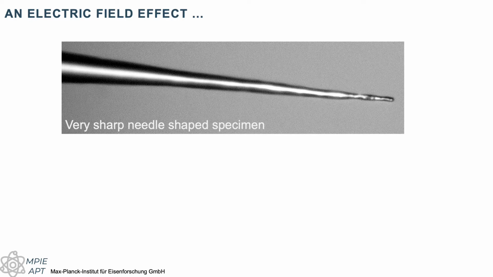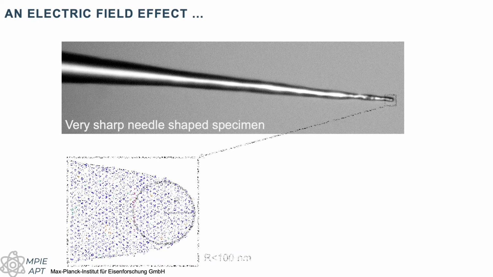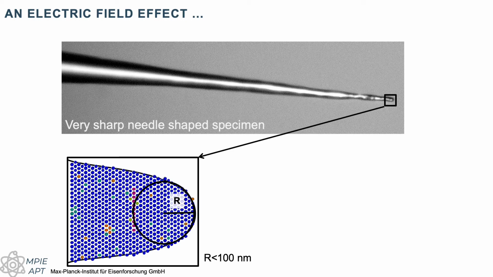So if you make a very small radius and apply a high voltage, you get fields that are extremely high very quickly. We can't really do this with a sphere easily, but we can consider that the end of a sharp needle is more or less akin to a sphere, or spherical surface, a half sphere if you want. And we can make needles with radius of curvature well below 100 nanometers.